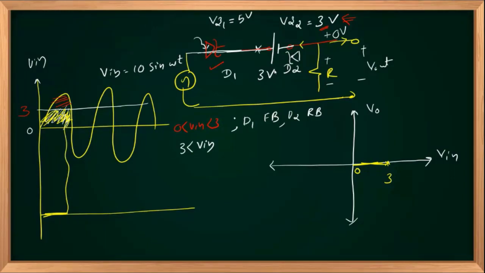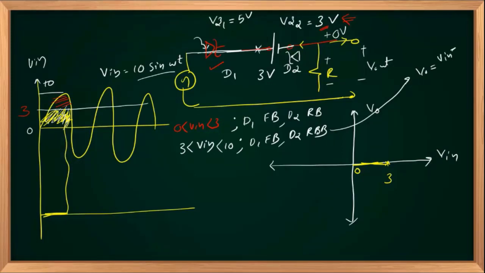So you're actually subtracting 3 volts from 10 sine omega t. And our upper limit is 10 volts here. So I'll write 3 to 10. V in is between 3 to 10. No change in D1 status, forward biased, but D2 is in reverse breakdown mode, reverse biased and breakdown. And V out is nothing but V in minus 3.